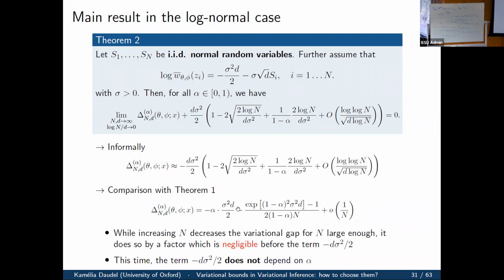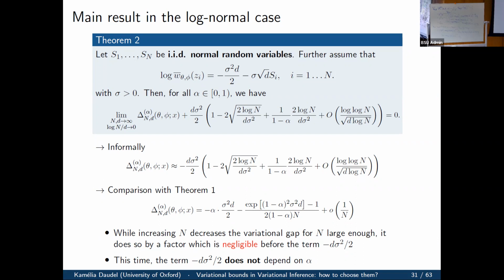Secondly, and this is quite important as well, there's no more alpha in this leading term. In the one I was showing you before, we had minus alpha sigma squared d divided by 2. It's no more the case. This means that the result we have, which characterizes what happens in high dimensions, predicts that there's going to be this leading term for all values of alpha, which is actually quite strong.